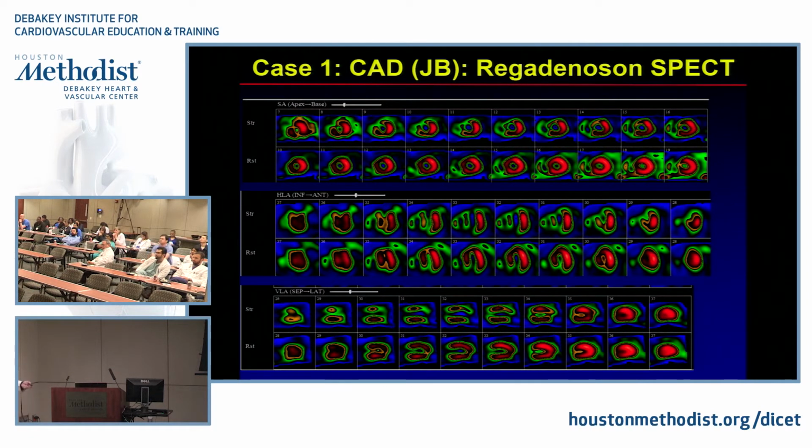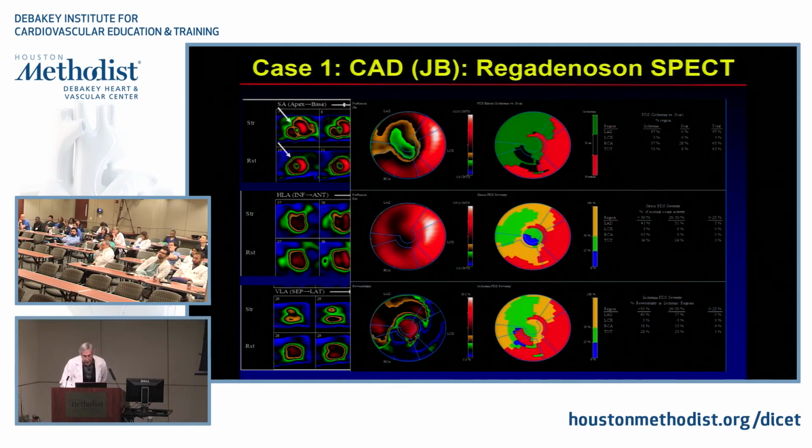And the rest imaging, what do you think? Does the perfusion get better or not? Perfusion gets better with rest, yes. Yeah, so actually the study almost completely normalizes with rest imaging, right? So there are all my little arrows for you. Okay, so the defect size was 63%.